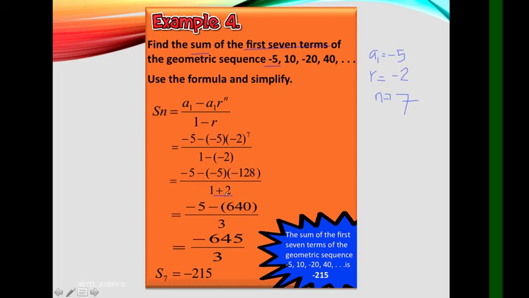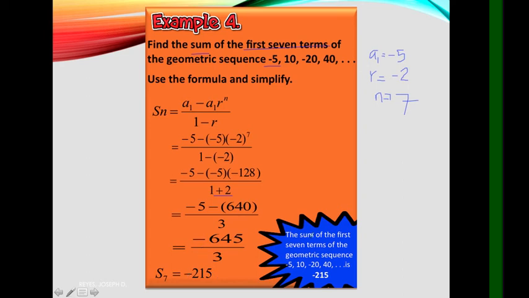And then 1 plus 2 is 3. And then negative 5 minus 640. Since they have the same sign, we will add them and copy the sign. So 645, and then copy the sign, negative, all over 3. And 645 divided by 3 is 215. The answer is negative 215.